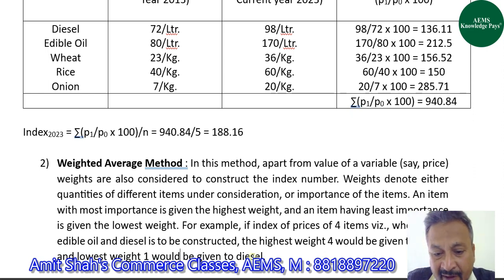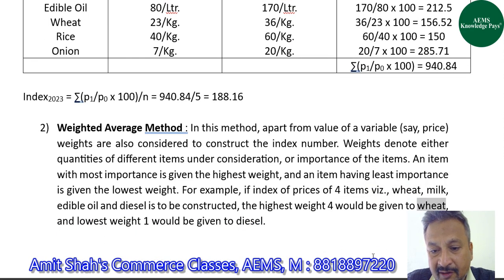We can still survive without diesel, but we cannot survive without wheat. That is why wheat has been given the highest weight of 4, and diesel the lowest weight 1.